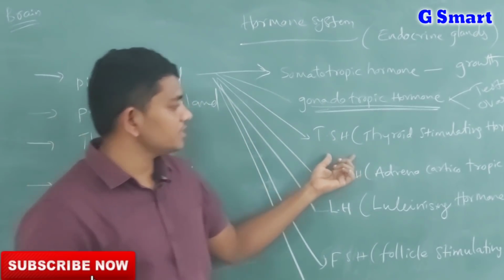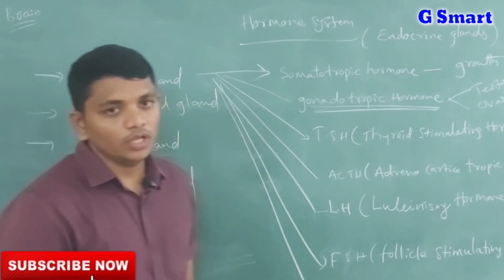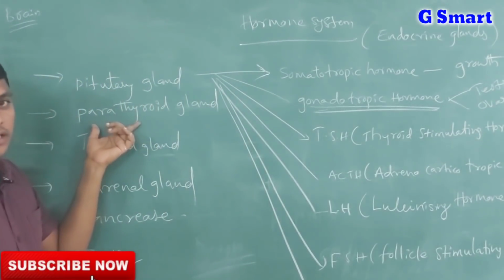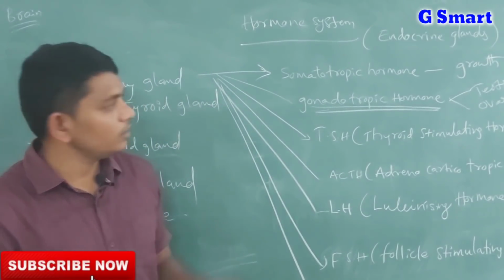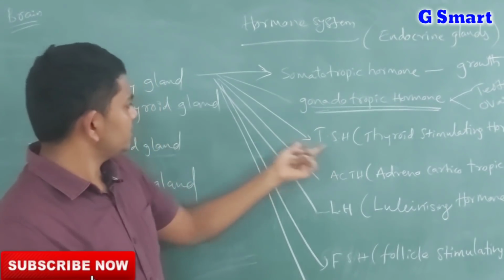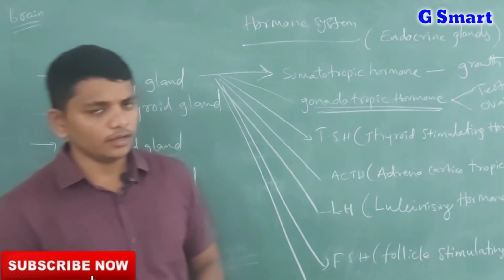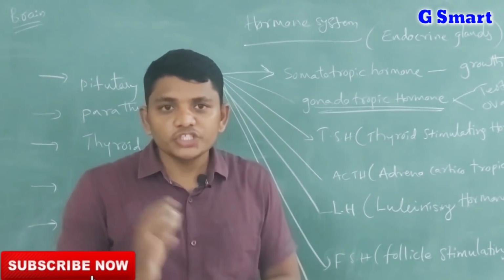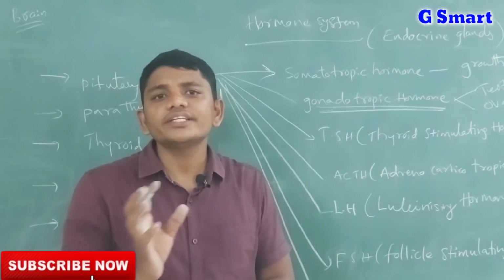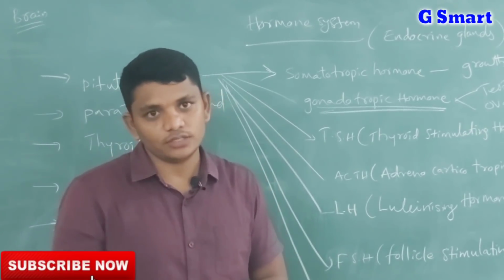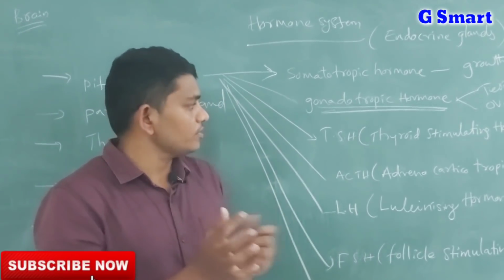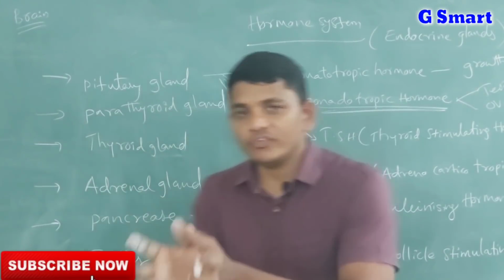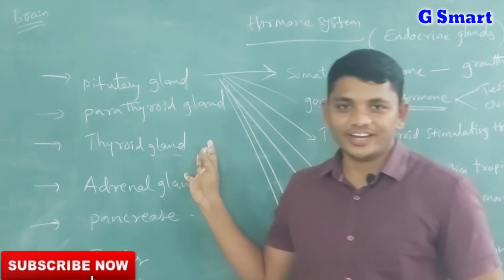And the third one is TSH, thyroid stimulating hormone. You know, the thyroid gland is also an endocrine gland, but this TSH is released by the pituitary gland, and it stimulates the thyroid gland for its functions. So the main purpose of TSH is to motivate the thyroid gland.